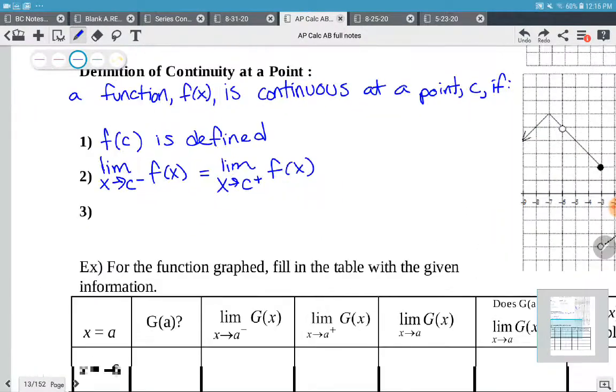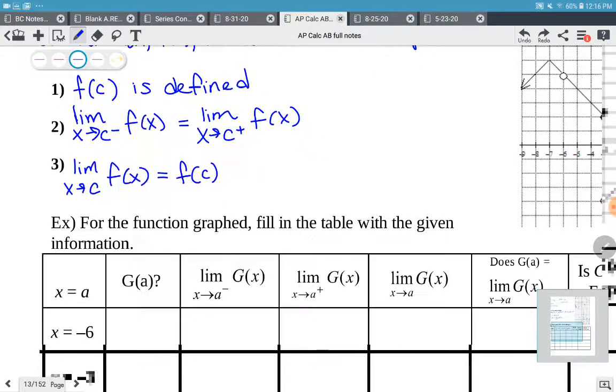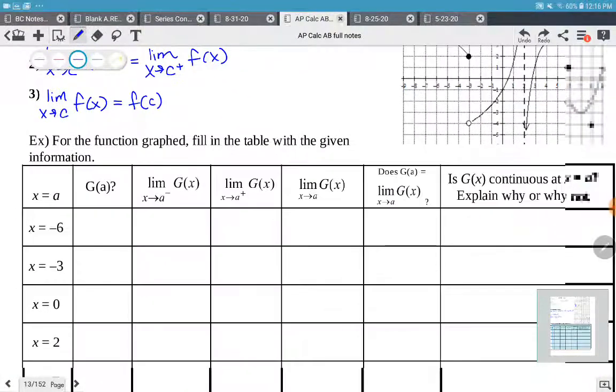So my final condition here is that the limit as x approaches c overall of f of x should equal what the actual function value is at that point. Okay, we actually said this already when we talked about using direct substitution, right? So these ideas very much go together.